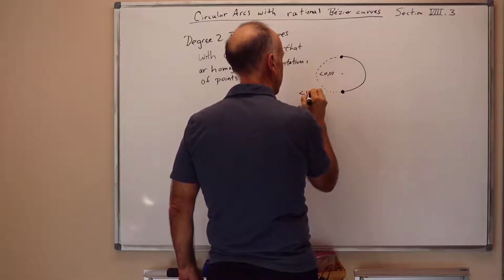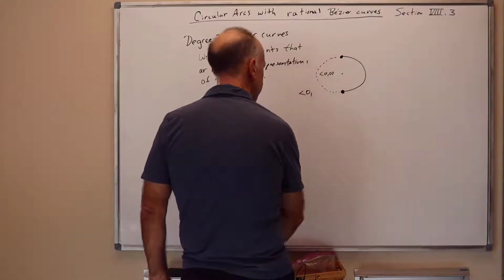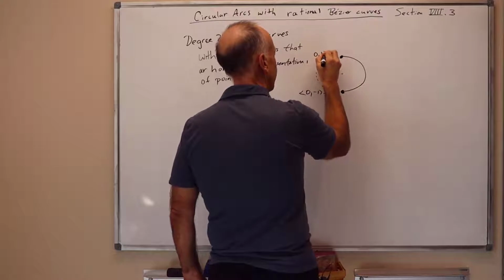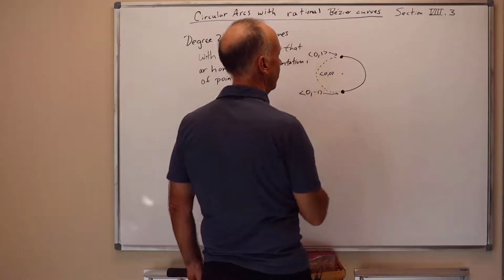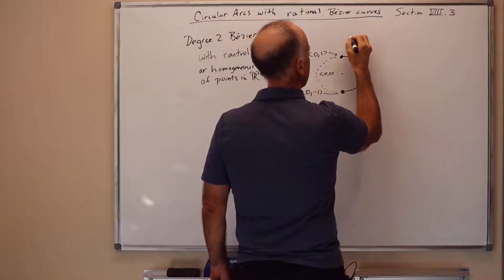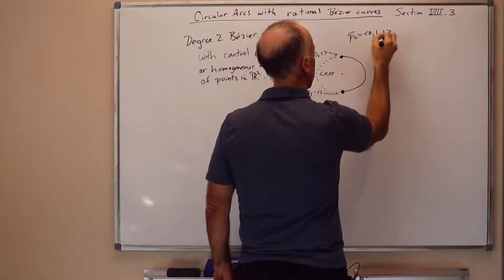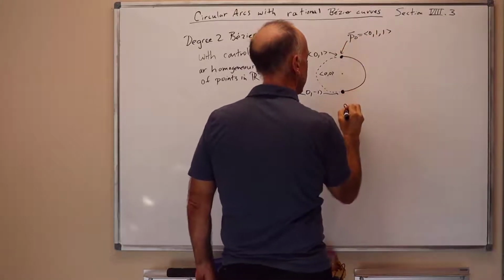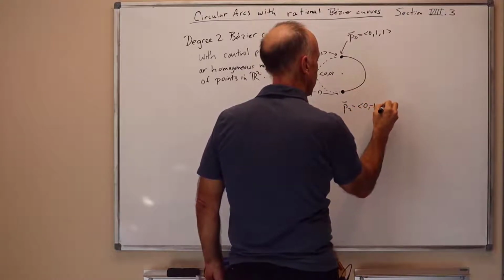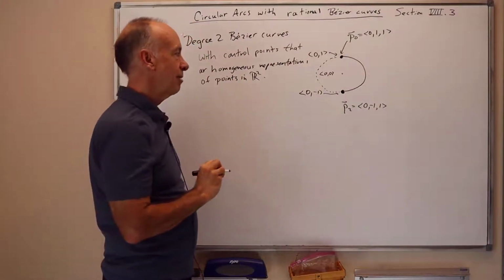So here's the point 0, minus 1 in R2, and the point 0, 1 in R2, and we're going to use homogeneous representations of these control points. So P0 is going to be 0, 1, 1, and P2 will be 0, minus 1, 1, and these will be the first and the last control point of a degree 2 Bezier curve.